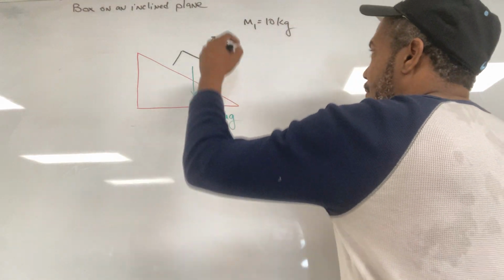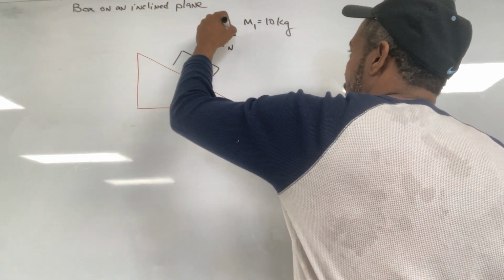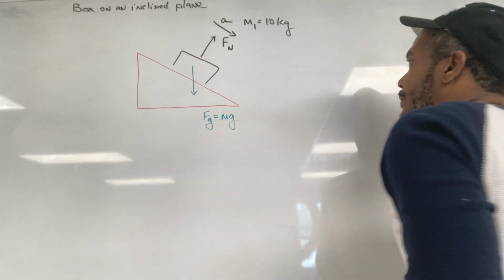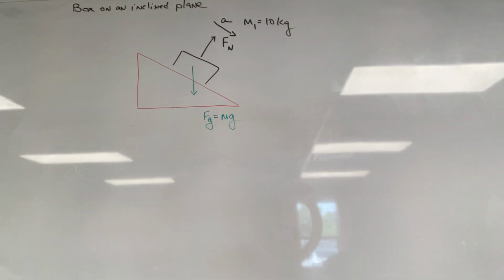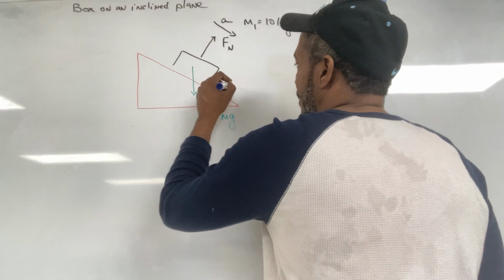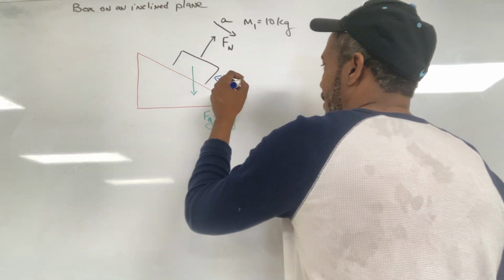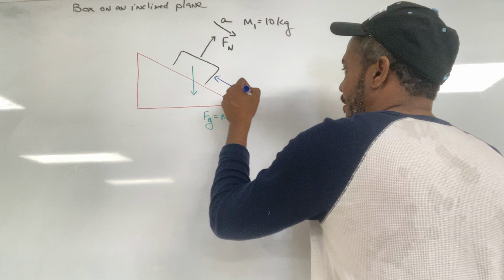Down the inclined plane, because of gravity. So in that case, the force that works against the box sliding down the inclined plane is what? Friction. We'll put it right here, and we'll call it F of K.